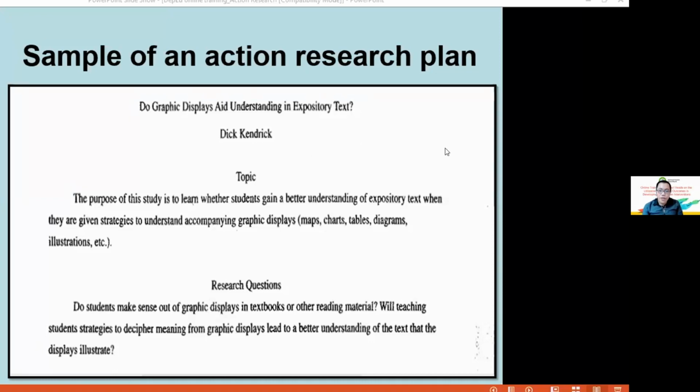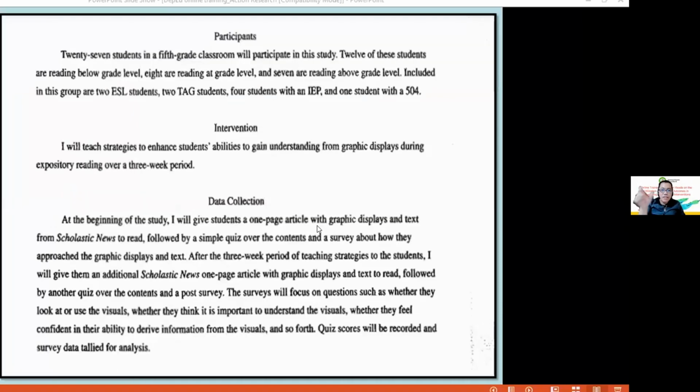So kung hindi kaya ng by province, well, whoever is, but we will call all the provinces, yung 6 provinces. Dapat meron kayong representative. Ha? So you have to indicate what is your topic or the working title, then your research questions, participants, then intervention, data collection. So paano mo i-collect ang data?